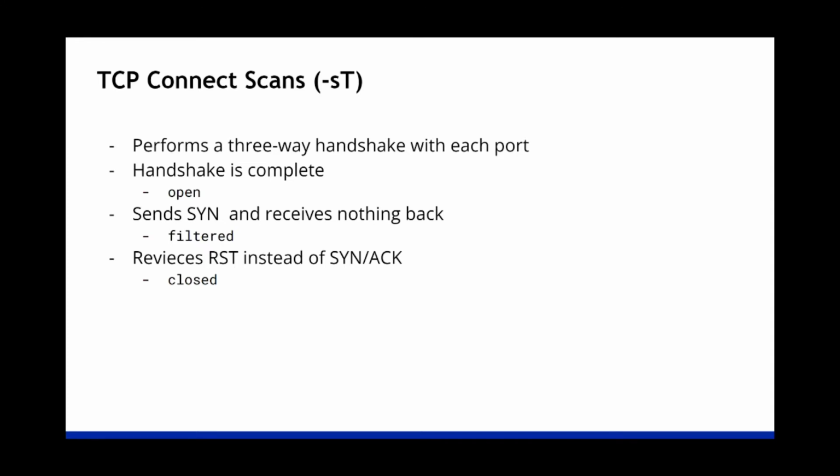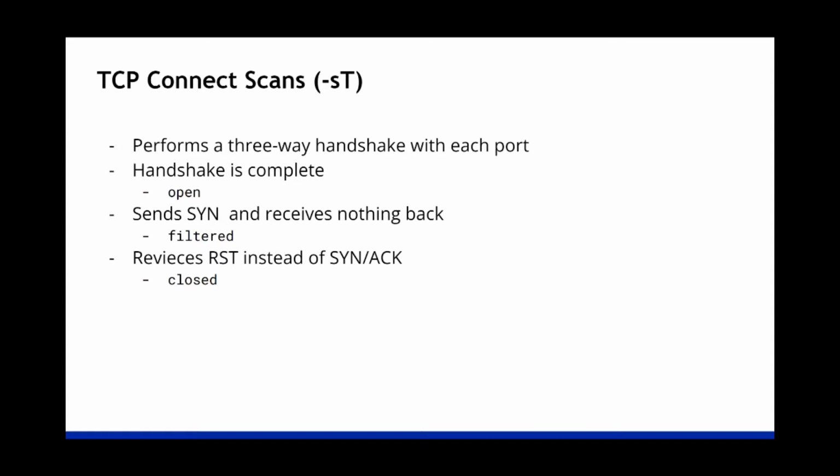This is because some firewalls are implemented so that whenever they're protecting a port, they're going to drop any incoming packets. So if you send a synchronous packet and they drop it, you get nothing back, you know it's going to be filtered. And by you, I mean Nmap. And then if Nmap receives an RST packet instead of a synchronous acknowledgement packet, it means the port is closed.